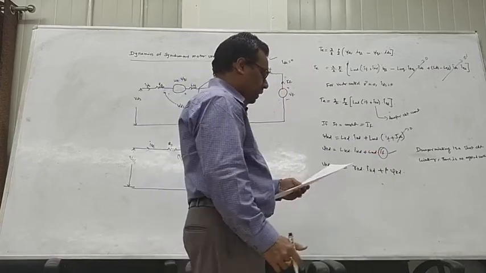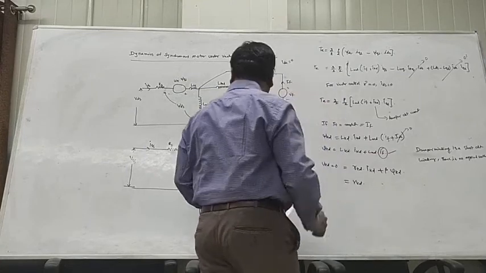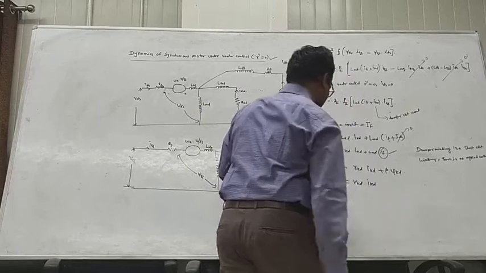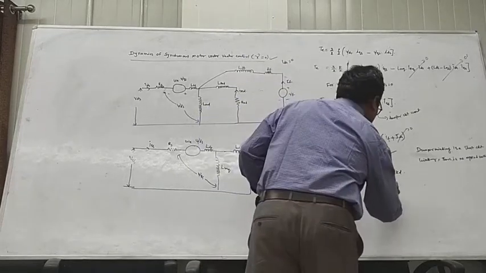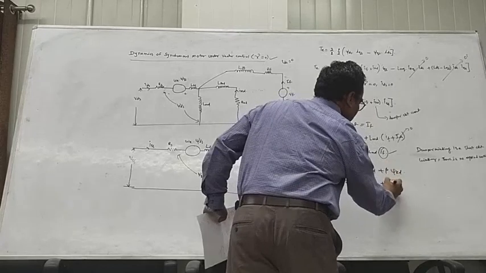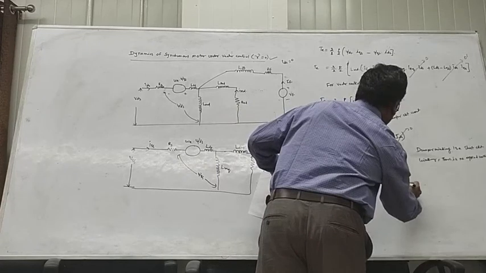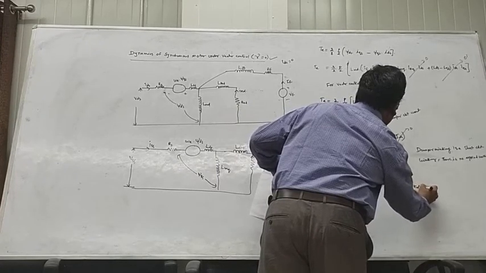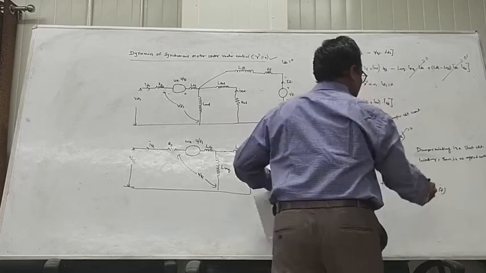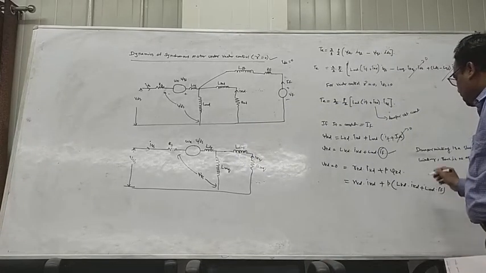So then RKD into IKD plus the differentiation of LKD into IKD plus LMD into IF. Because this IF is a constant term, when you differentiate it, the value is 0.